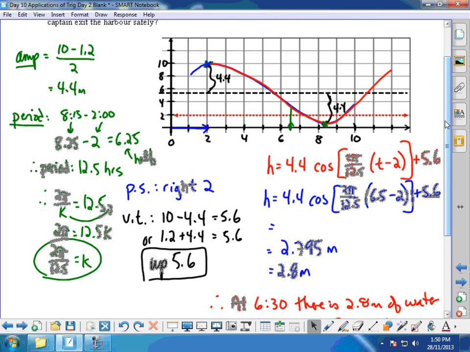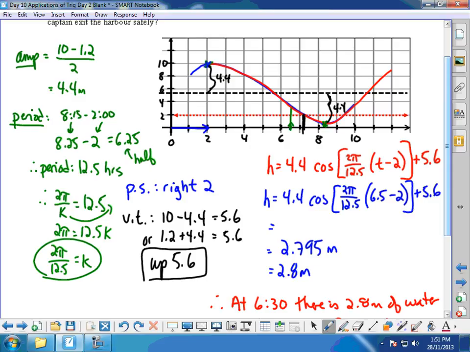You could actually ask a really neat question and say, when's the absolute latest time that he could leave? That would be someplace around here, maybe just a little bit before or just after 7 o'clock, because around 7 o'clock we're approaching that 2 meter mark. I wouldn't want to hold off too long.